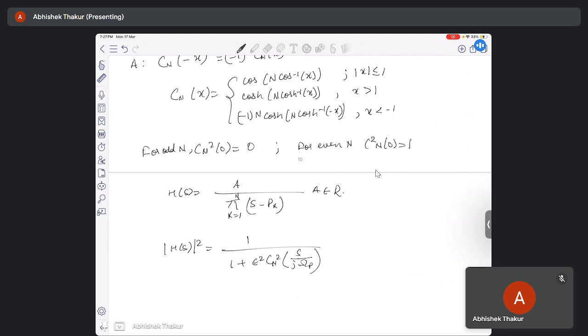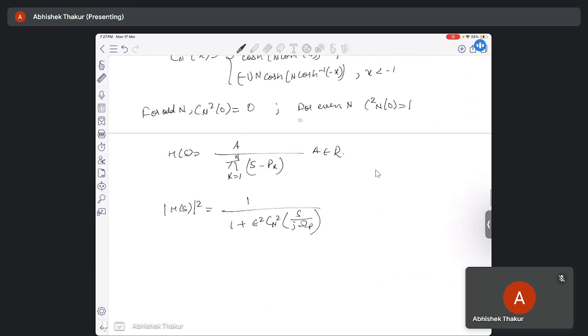So we see that for odd n, this value will become 1 by 1, that is 1. And for even n, this value becomes 1 by 1 plus epsilon squared. Here we can substitute 0.